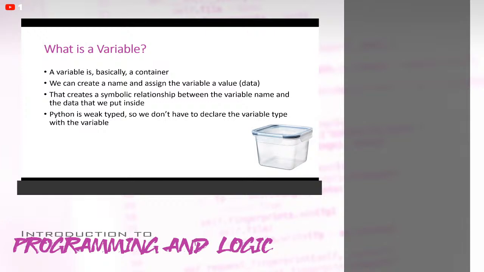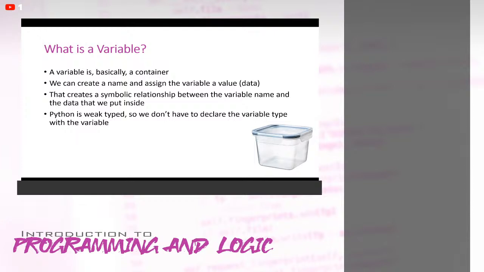But I think in order for us to fully understand variables, what we need to first do is kind of take a step back and have this understanding of just what exactly is a variable. And so one of the ways that we can think about a variable is as a container. And I've got a little Tupperware type of Gladware container here on the screen to drive that point home.